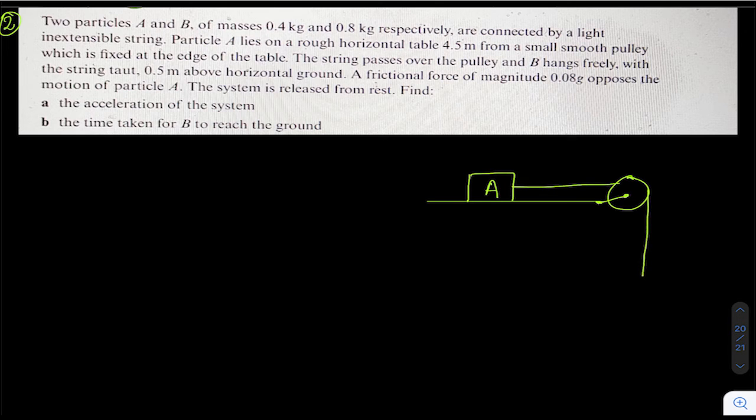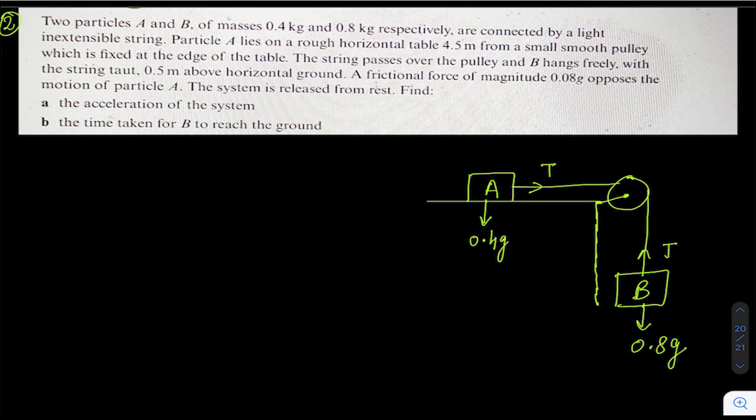This is a particle B. It's given that their masses are 0.4 kg and 0.8 kg. So mg is 0.4 g here and mg for B is 0.8 g downwards. There will be a tension here. There will be a tension here.